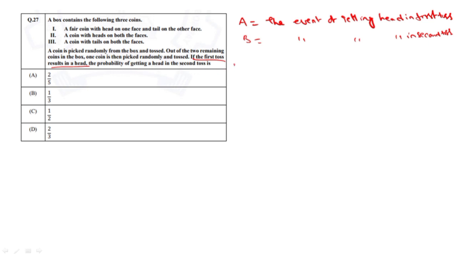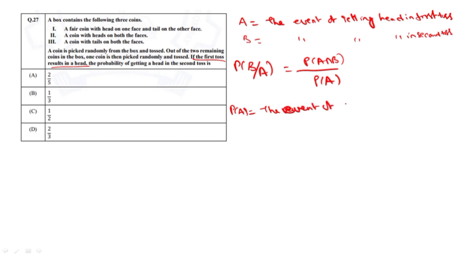So it is a conditional probability. A we already know. So after happening of A, we go for happening of B. So the probability of B given A is, by conditional probability, P of A intersection B by P of A. So what is P of A? P of A is the event of getting first toss as head.